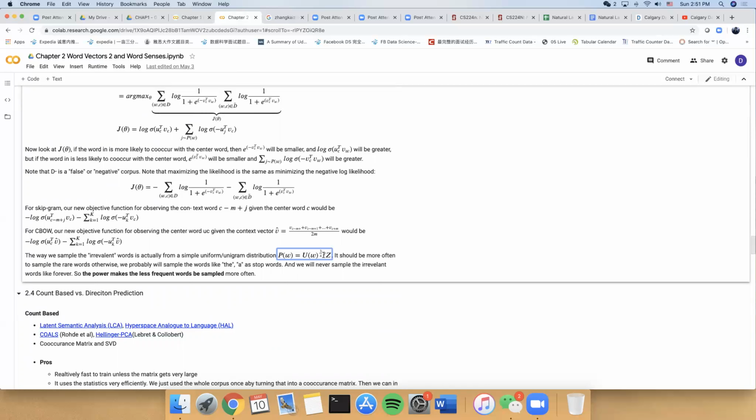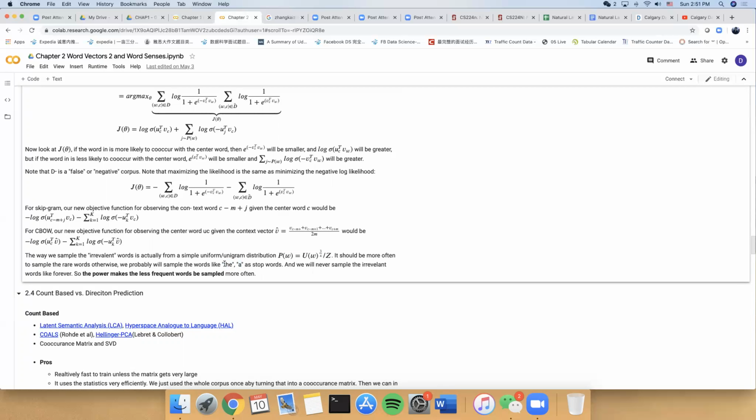This function makes it more likely to sample real words, because sometimes we would sample words like Z or A, as stop words, but we never sample really rarely seen words. We do need to capture some rare words that we don't use that often, so we don't really want to care about those like Z. We want to capture some really bad words which are totally irrelevant to the true pair window.